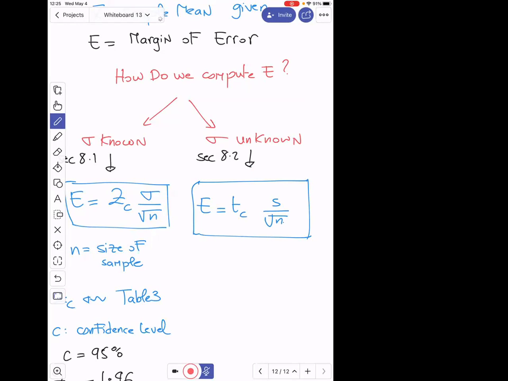Okay, so S is the sample standard deviation. And this T subscript C you can find in table number 4 in the formula sheet.